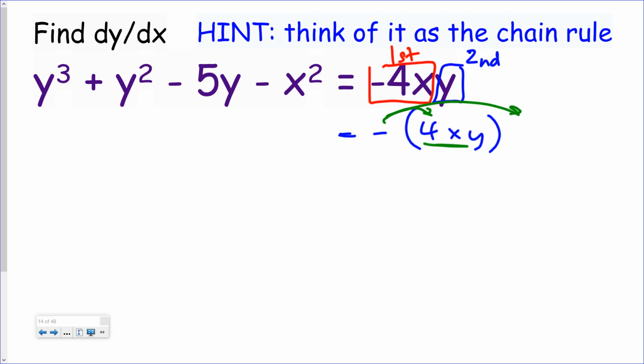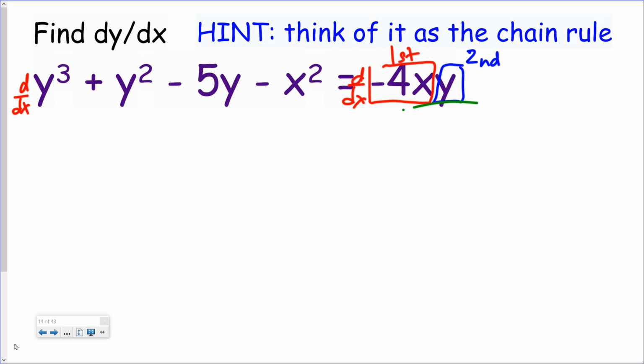Does that make sense? Because there's a plus in between with the product rule, and you get your negatives all wrong. So what I would really strongly suggest is just including it in your first, and then all the math works out. Okay, so we're going to find dy/dx here.